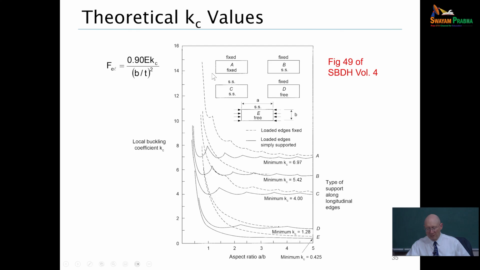And so we have illustrations of what happens both with different longitudinally supported edges, and then if the loaded edges at the ends are fixed or simply supported. So what you see here is basically the way we quantify things for design.